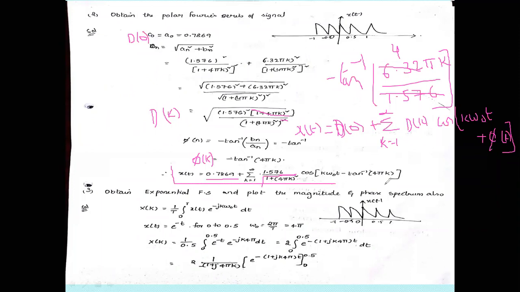So x of t is equal to, after substituting all the values of D of 0, D of k and phi of k, and here the D of k is the square root and the squared term gets cancelled, and we'll get the square root here. Following, my students?